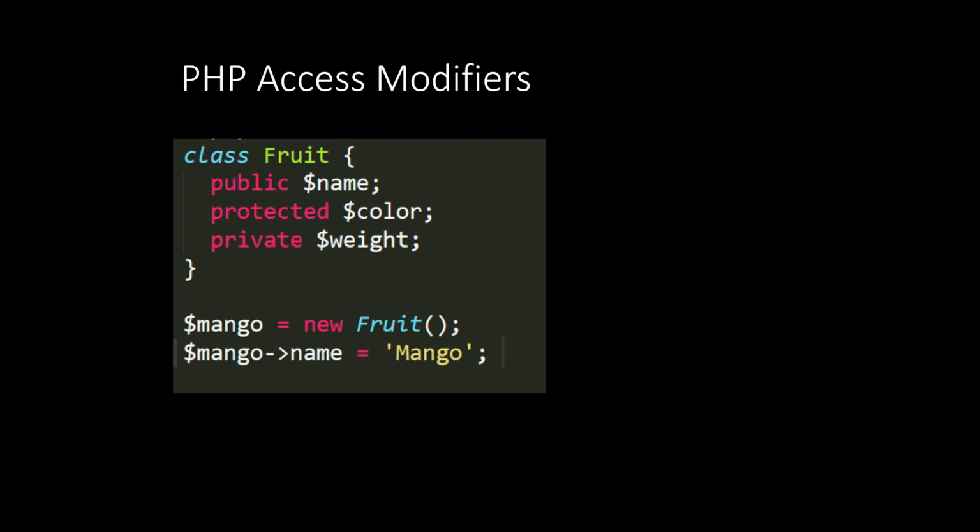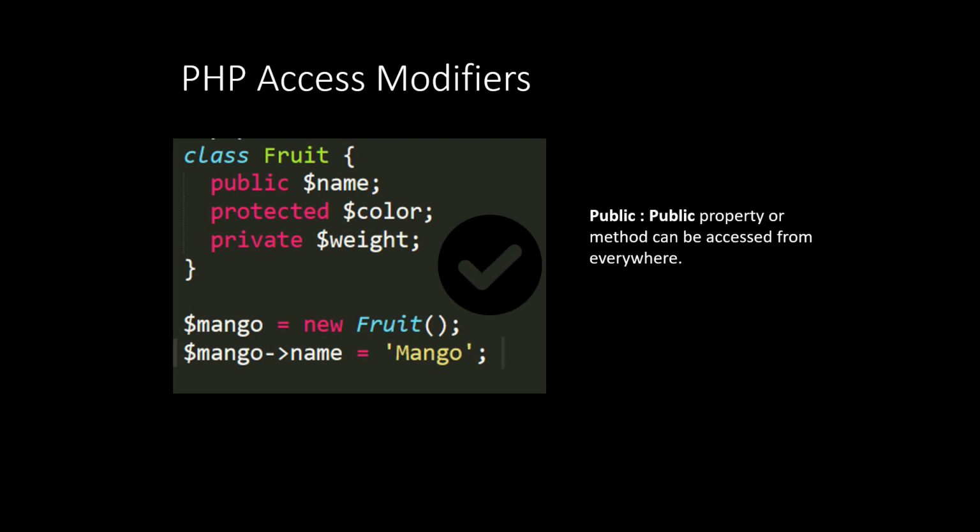And here we assign the name mango to the name property of that class object, that is mango. So this program will work. So the public property or method can be accessed from everywhere.